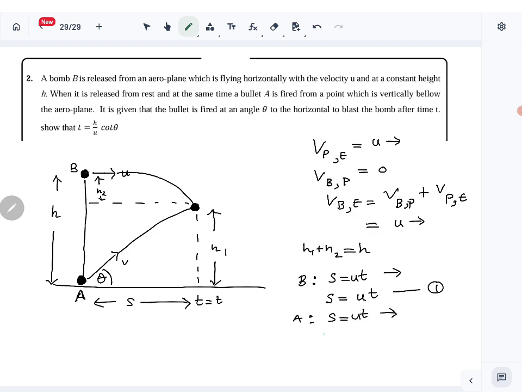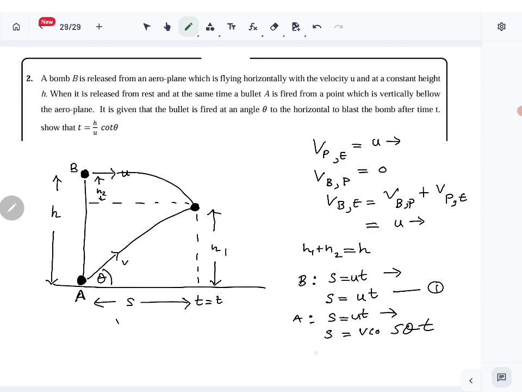Again, this horizontal distance when they collide is the same. Now what is the velocity component here? The horizontal component is V cos theta, so s equals V cos theta times t.